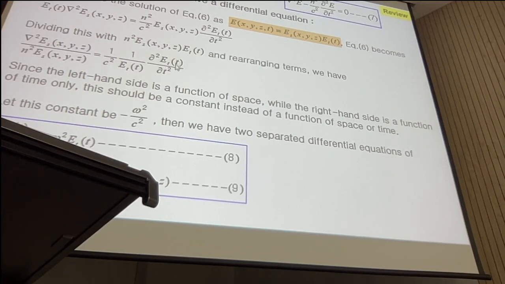The only possibility we can have is to assume this is a constant.